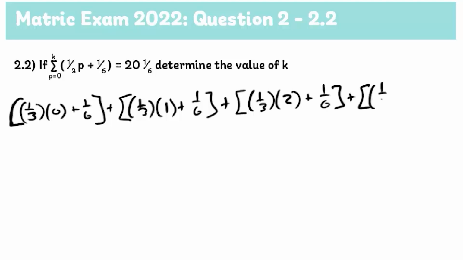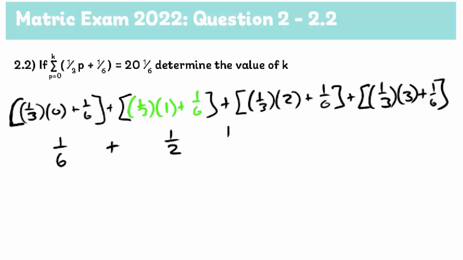And then just for fun, 1/3 times 3 plus 1/6. And that all equals 20 and 1/6. See that this comes to 1/6, this comes to a half, this comes to 5/6, and this one comes to 7/6. So what makes this difficult is that we've got this value of a half.